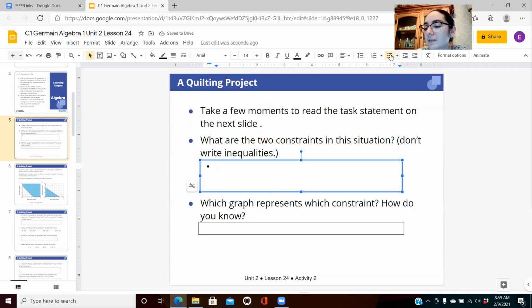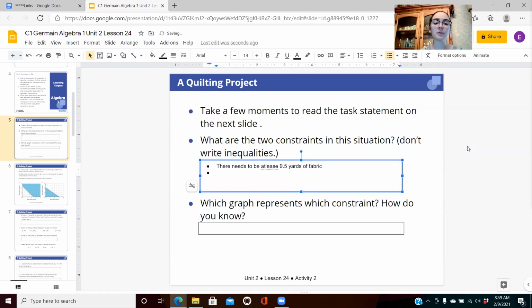Okay, let's come back together. Let's see what people are thinking. So I'm going to write these two constraints as sentences. Gabe said his first constraint was that there needs to be at least 9.5 yards of fabric.